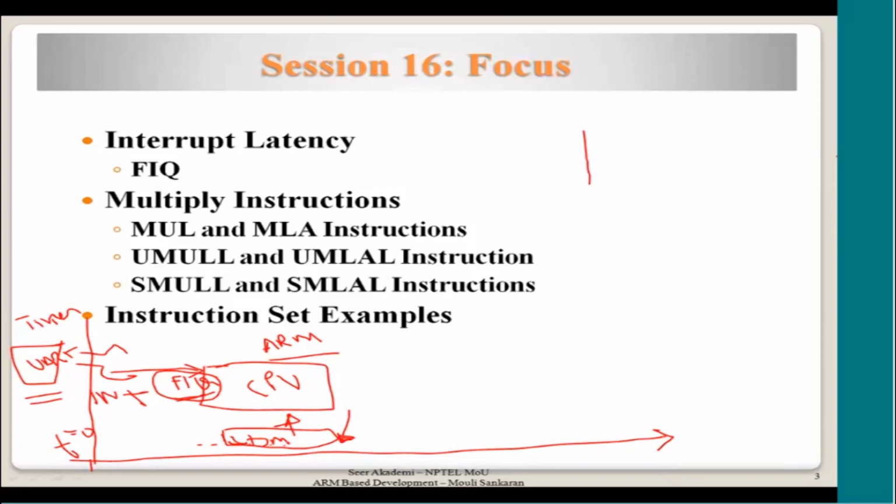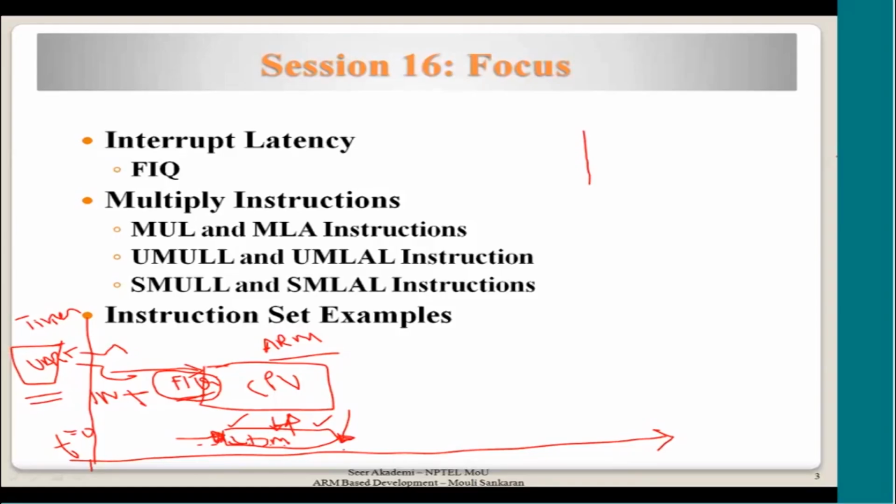Please remember, because if it responds in the middle of the execution, it cannot know how much of this instruction is completed and how much is not. So you cannot restart without impacting the correctness of the program. To ascertain that the instruction being executed is not left in a halfway incomplete state, the processor completes the instruction which it has started executing and then responds to the interrupt.